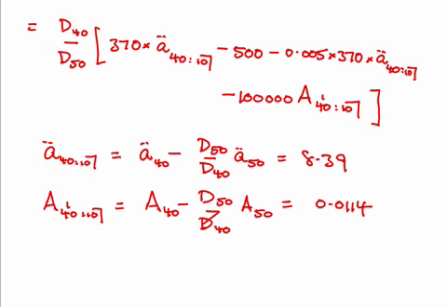If we bring all of this together then, what we have is that the retrospective reserve is our D40 over D50.